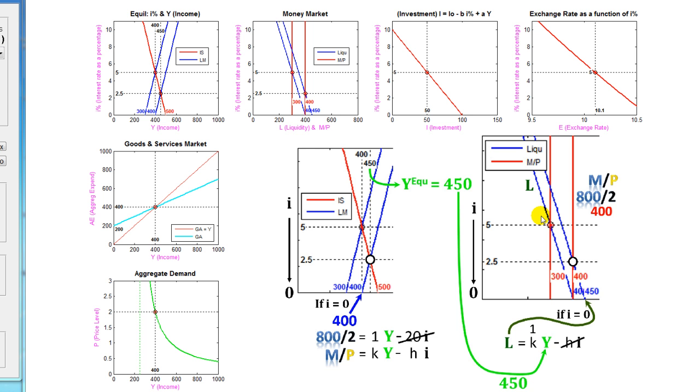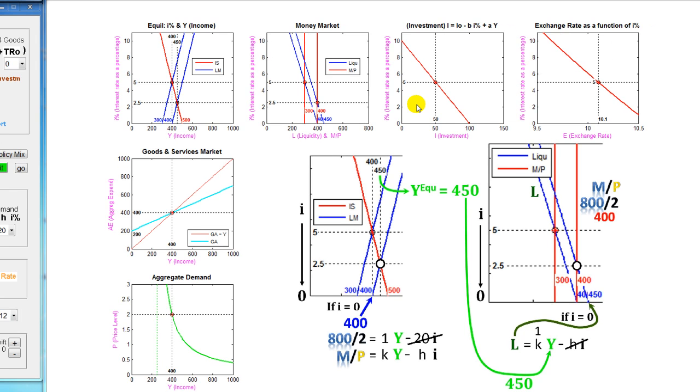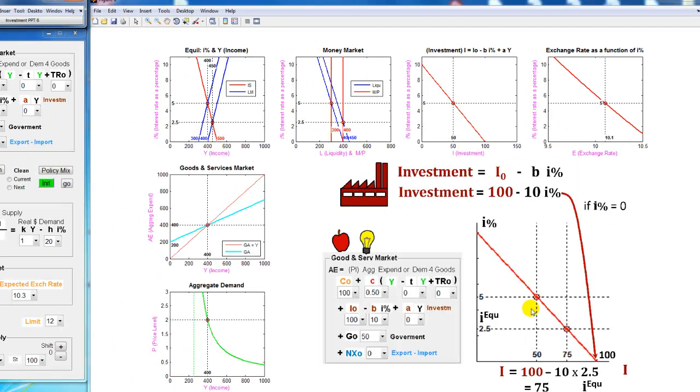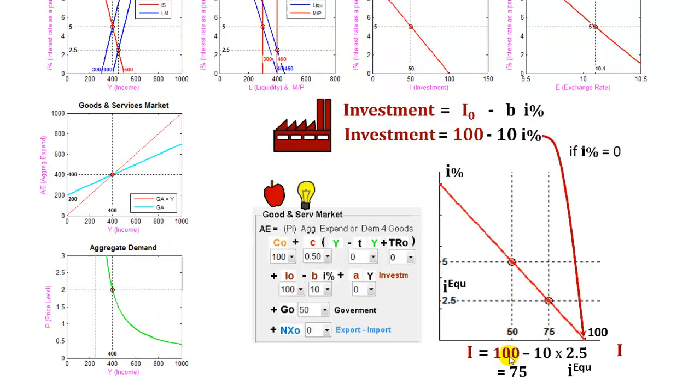Okay, so now we are going to transfer this interest rate to the investment curve. When the interest rate was 5, the investment was 100 minus 50, and we got 50 here. Now the interest rate went from 5 to 2.5, so now we have 100 minus 25 and we get 75.